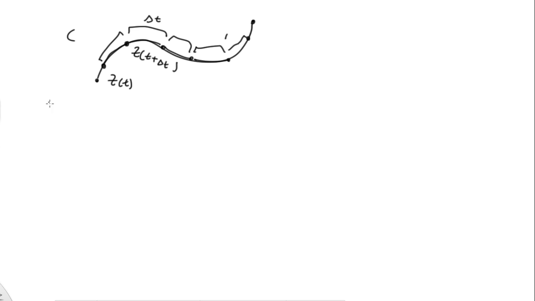So what we mean by this symbol then, we have this z of t that generates the contour, for t between a and b. Okay, so this symbol f of z dz, we have to know what dz means.